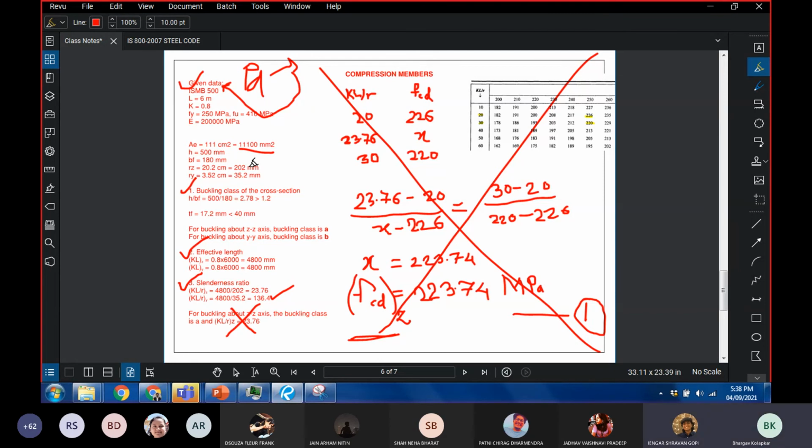Okay. So when you say that there's tension on one side and compression on the other side, that's a local phenomenon. If it is capable of developing a yield stress, then it has the same yield stress capacity in tension and compression as well. But the problem is the geometry does not let it reach yield stress.